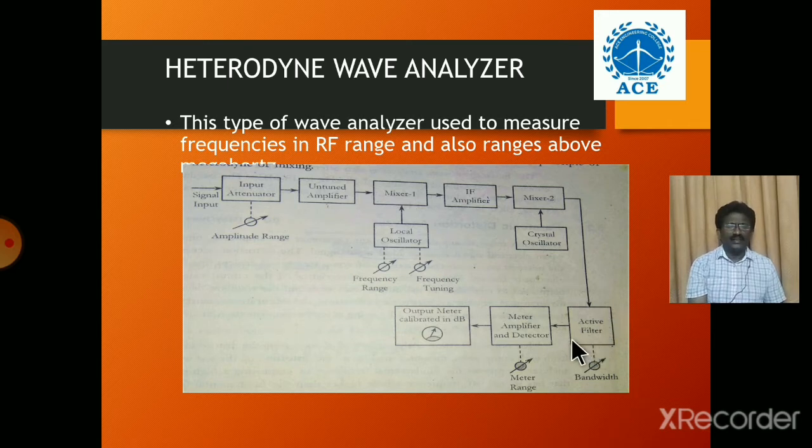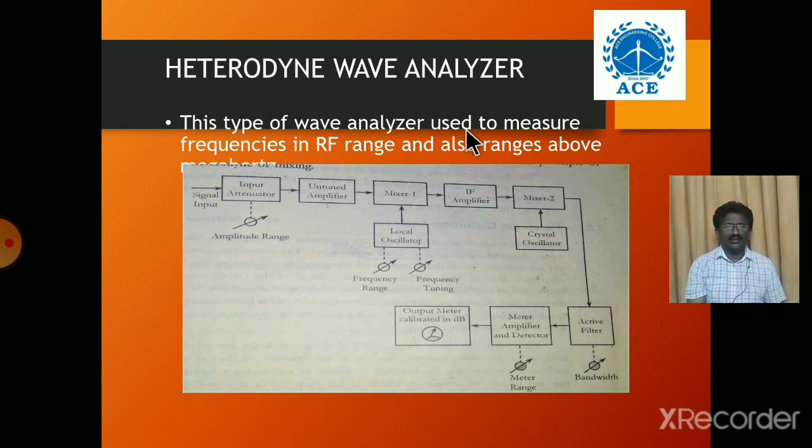This meter is also referred to as a heterodyning tuned voltmeter, operating in the range of 10 kHz to 18 MHz. So this is the function of the heterodyne wave analyzer.